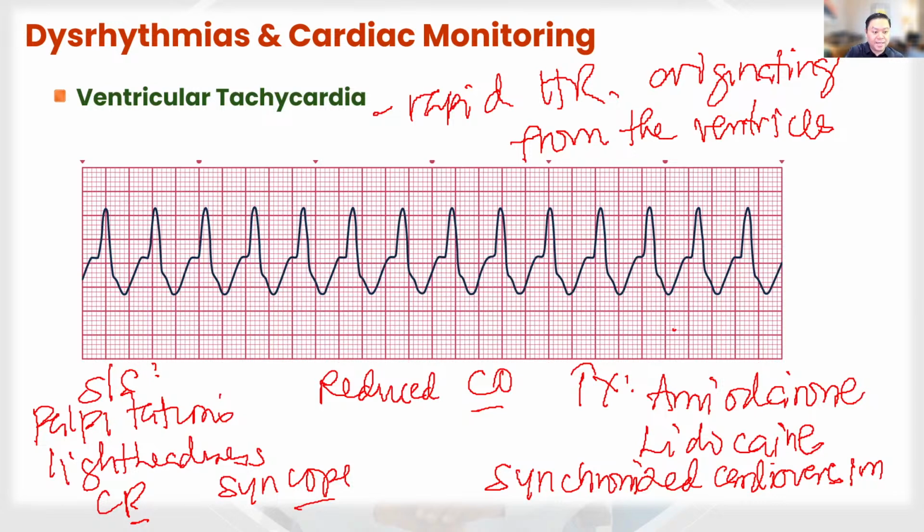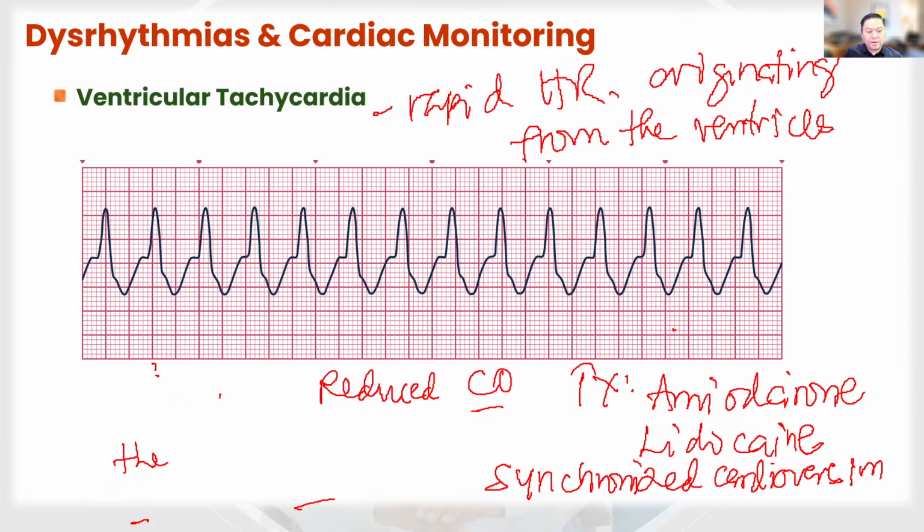So that's another one. Okay, let me write that down. Long-term care for a patient with this kind of arrhythmia will be the placement of the automatic implantable cardioverter defibrillator.